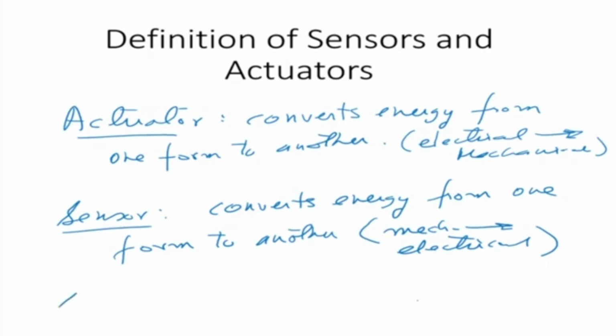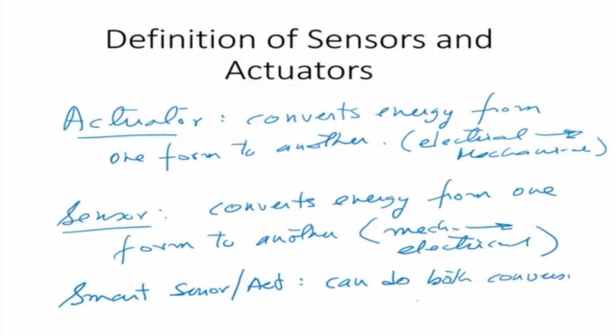Now what is a smart sensor and actuator then? This is a term very commonly used. A smart sensor or actuator can do both conversions. What does this mean?